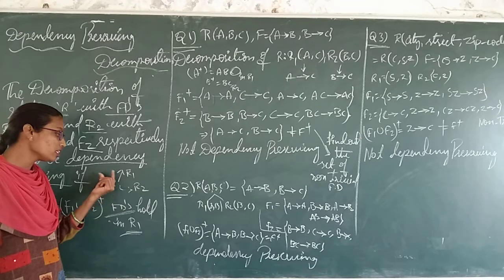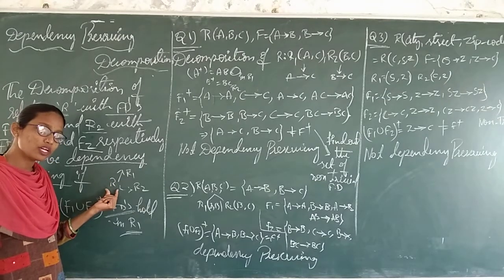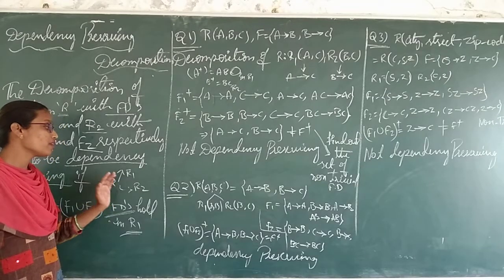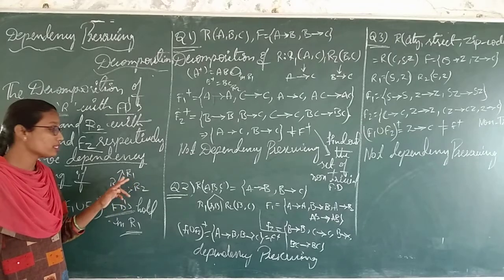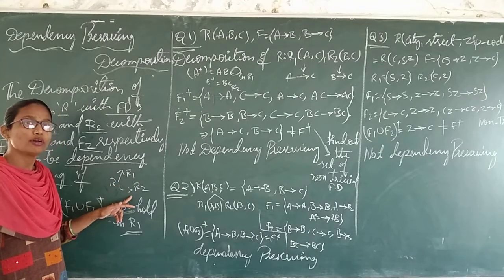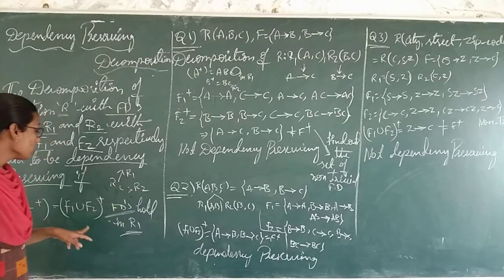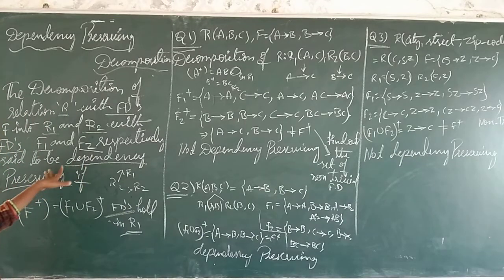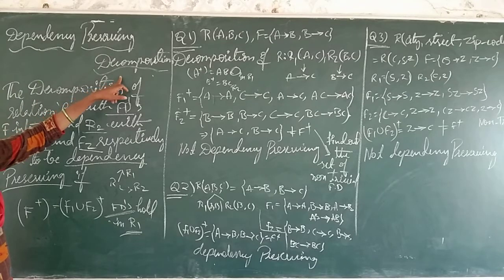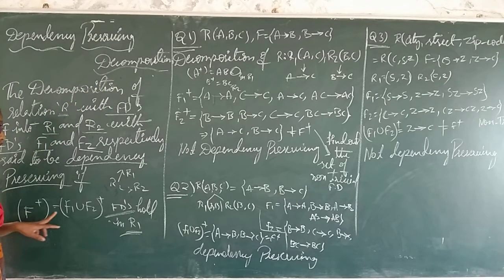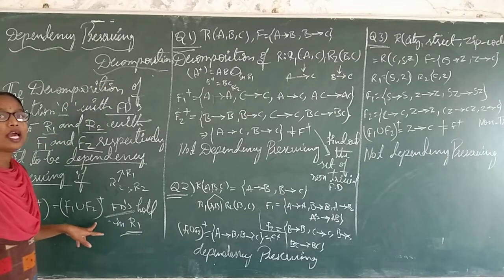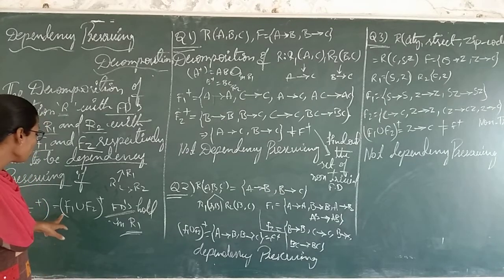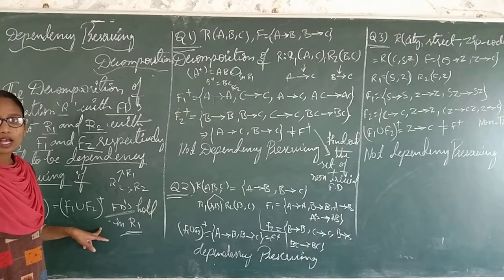After applying decomposition, this relation is divided into subparts, R1 and R2 relations. In dependency preserving decomposition, F closure is equal to the closure of F1 union F2.